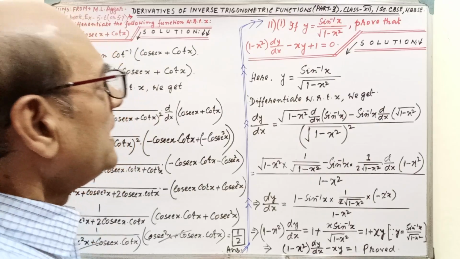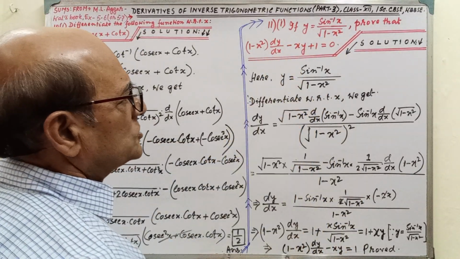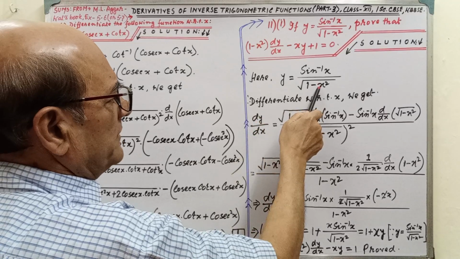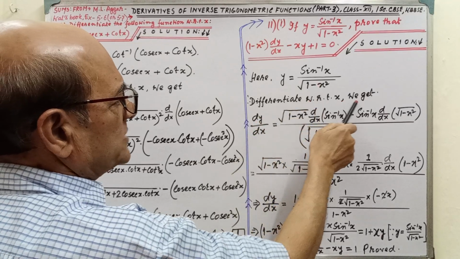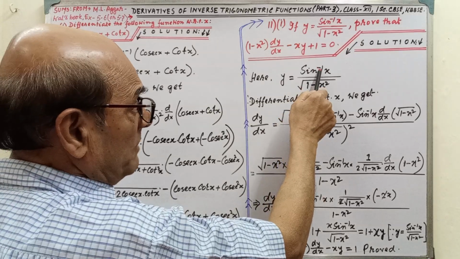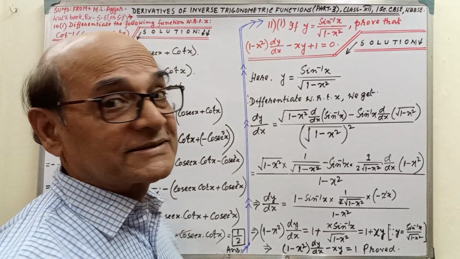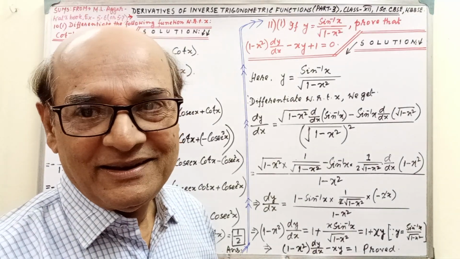Next, if y equal to this, prove that this. Solution. Here y equal to this is given, and differentiating with respect to x, we get dy by dx. Differentiation, that is sin inverse x by root over 1 minus x square, that is u by v.